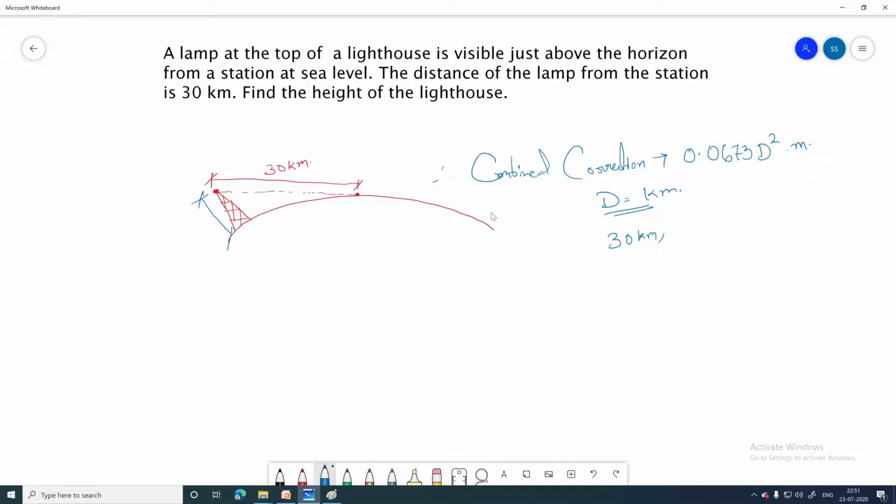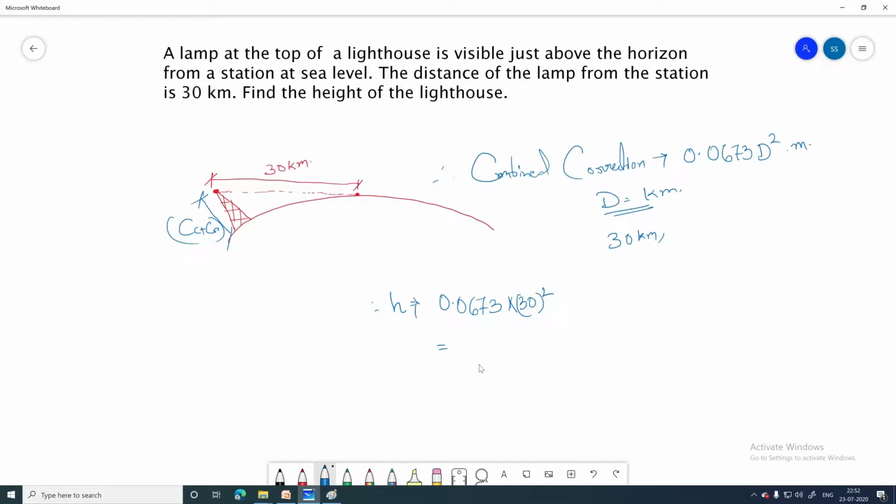So we can determine the combined correction, and the combined correction is nothing but the height of this lighthouse, right, which initially we have denoted as cc plus cr. So if we consider the value as small h, the value of h will be 0.0673 into d square, that means into 30 whole square.